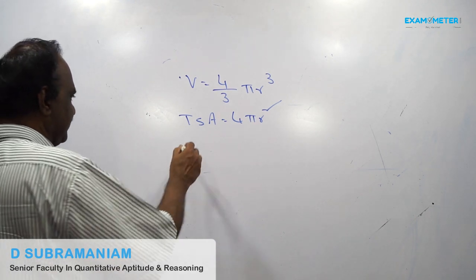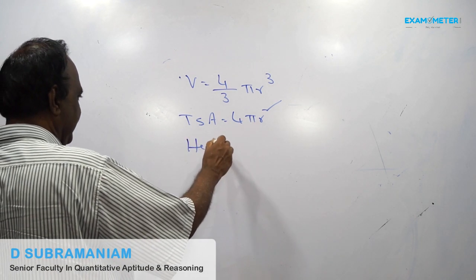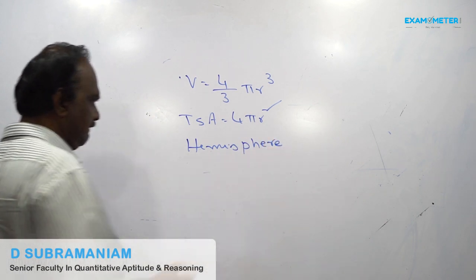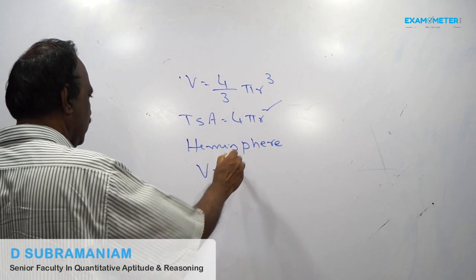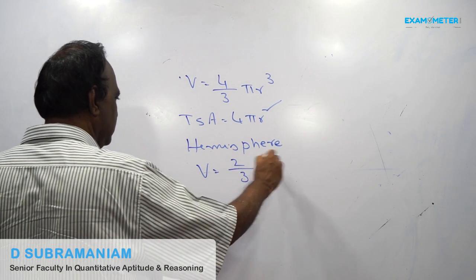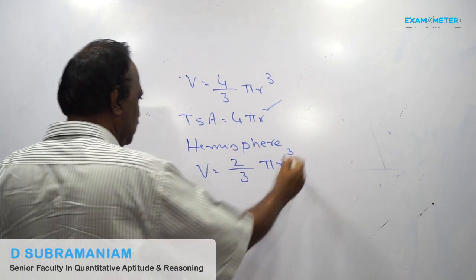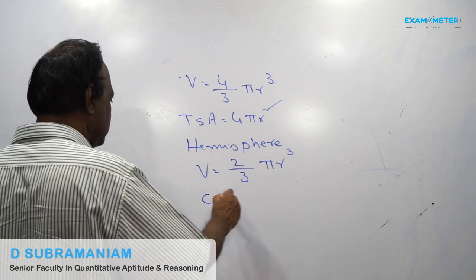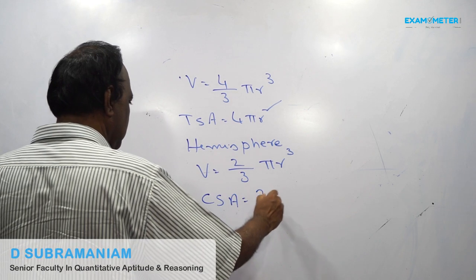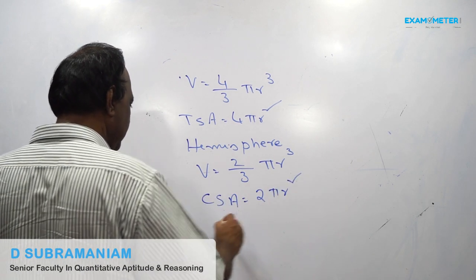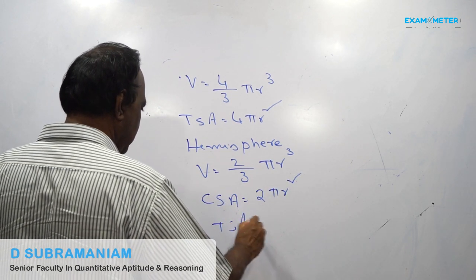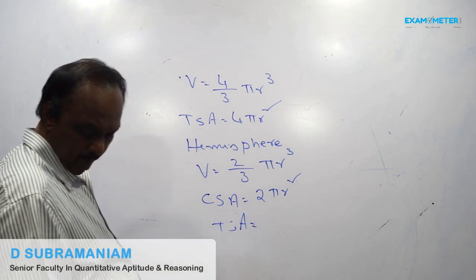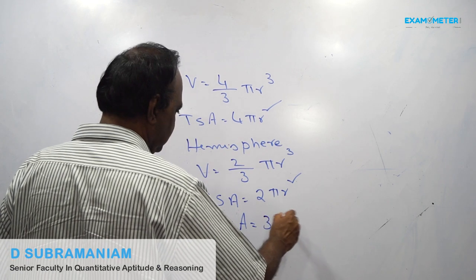Then hemisphere. Volume is 2 by 3 pi r cube. Curved surface area is 2 pi r square. Total surface area is 3 pi r square.